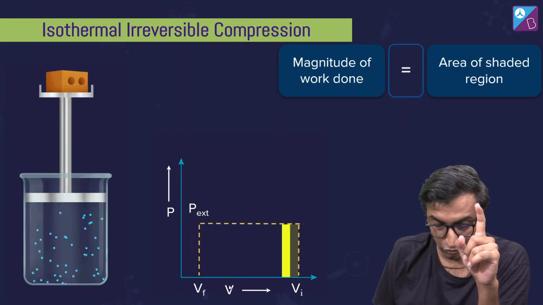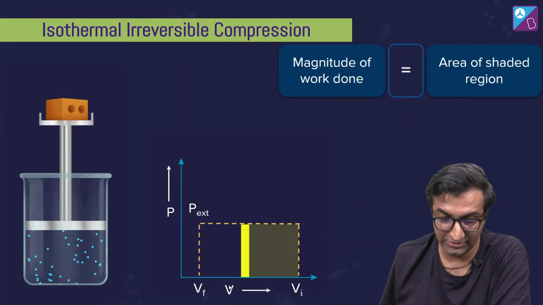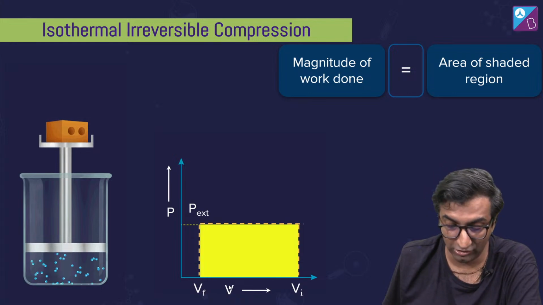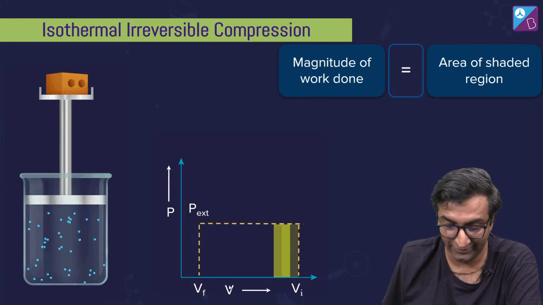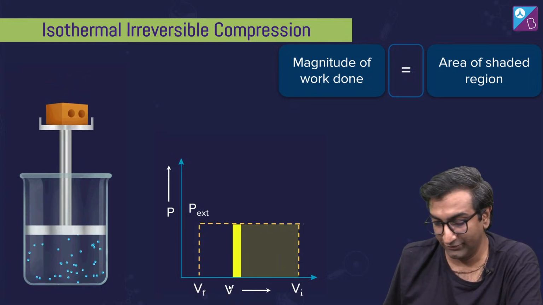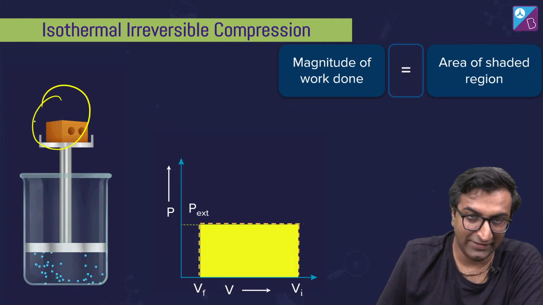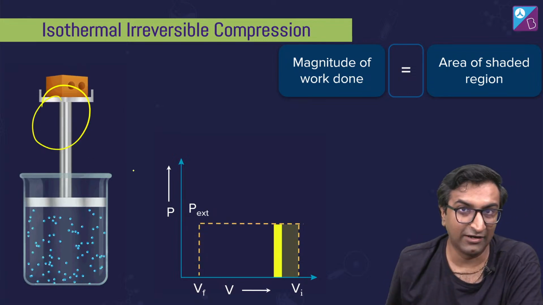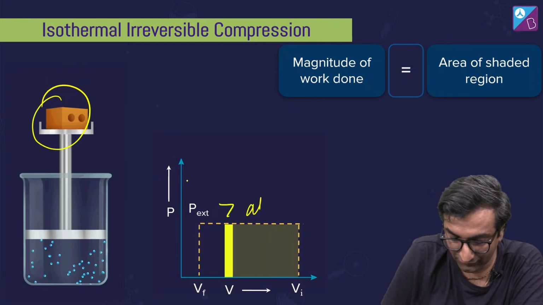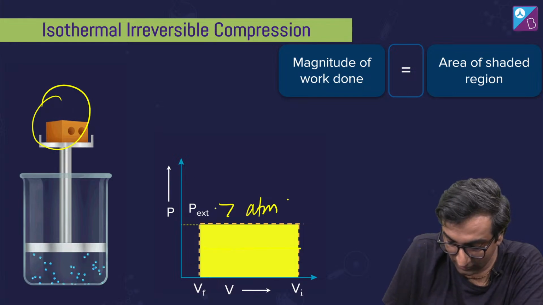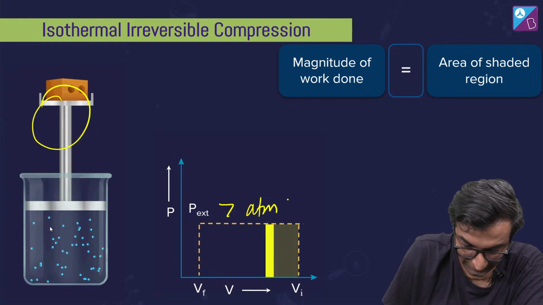Okay, cool. What about compression? You will see कि compression में कुछ अलग चीज हो रही है. Compression is different. Although it looks like it's similar, it is very different. How is it different? The mass I have placed on this, that is the external pressure. And that is greater than atmospheric pressure. So in a way, let me use a different color so you see it on the same thing.